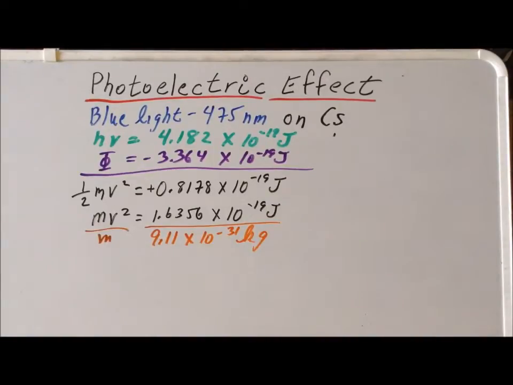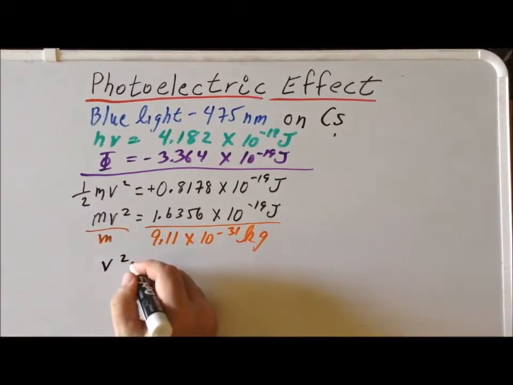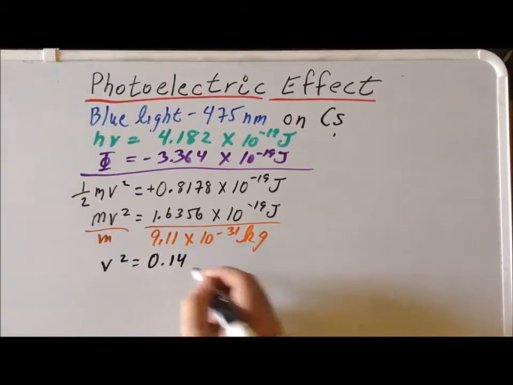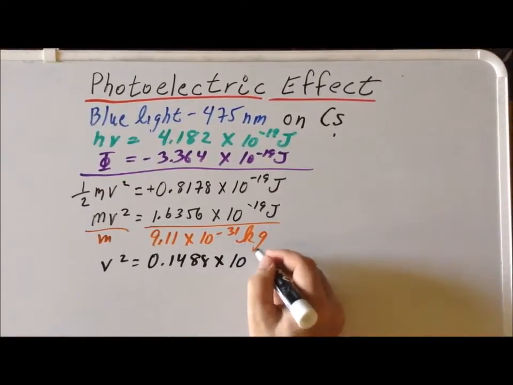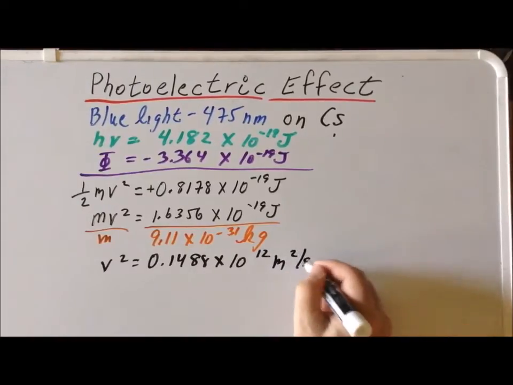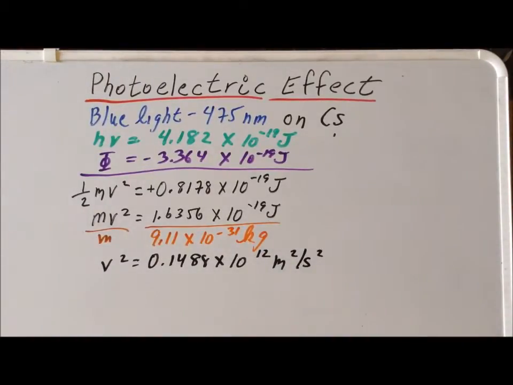The result of this calculation gives us the value for the velocity squared, which is 0.1488 times 10 to the 12th meters squared per second squared. Be sure to convert the units of joules to kilogram meters squared per second squared.